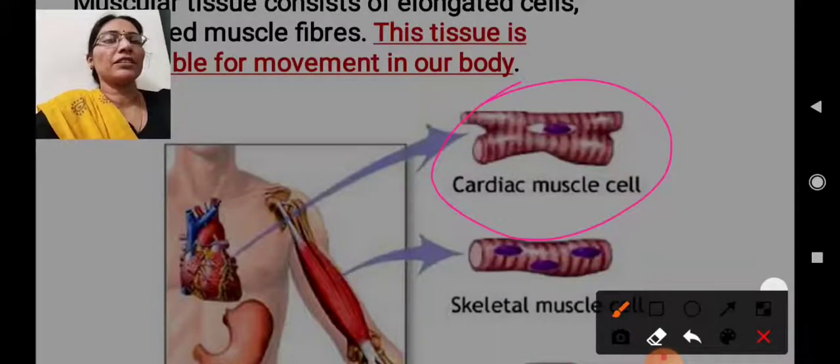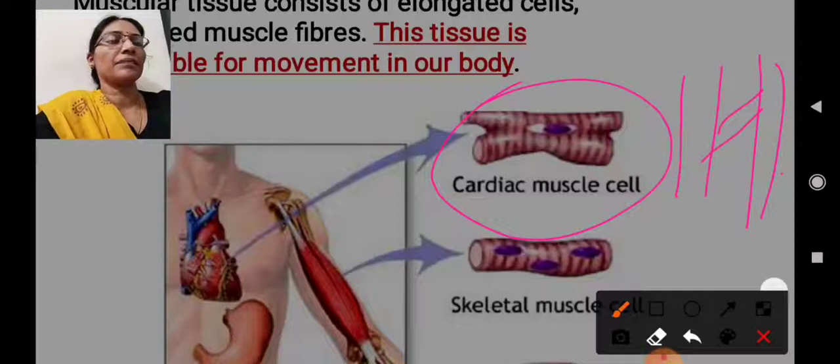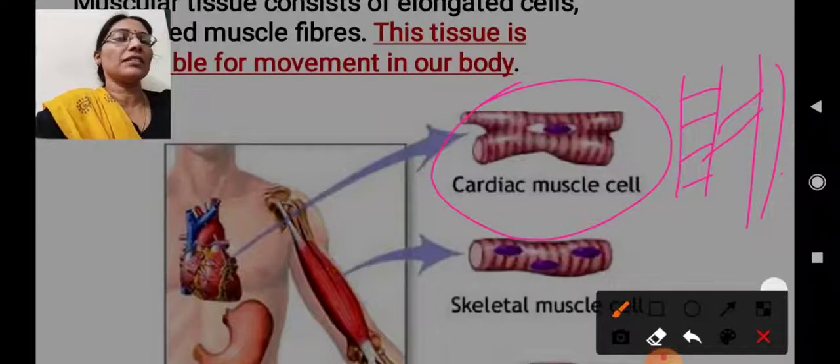They are branched, like this. You can see the cylindrical shape, but there are branches. There are light striations, not dark striations like in skeletal muscles. There are light striations in cardiac muscles.